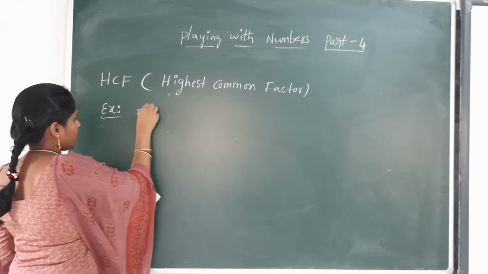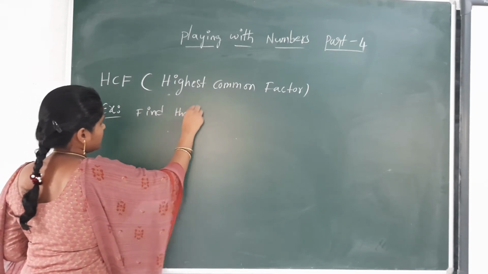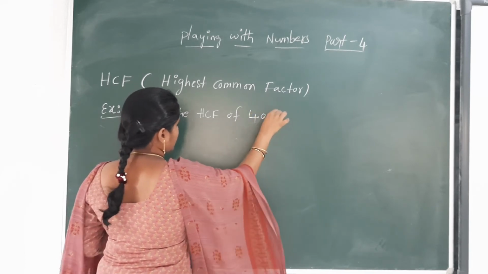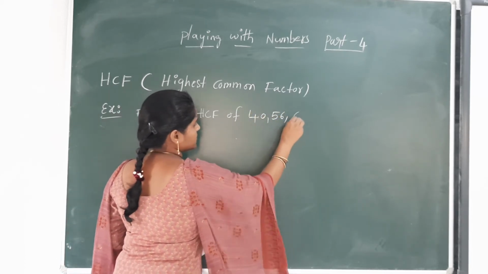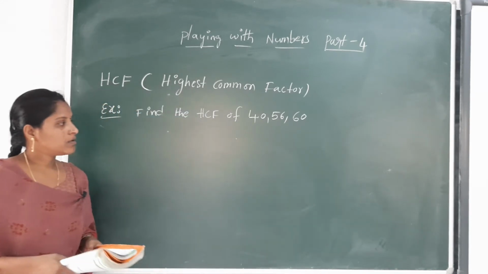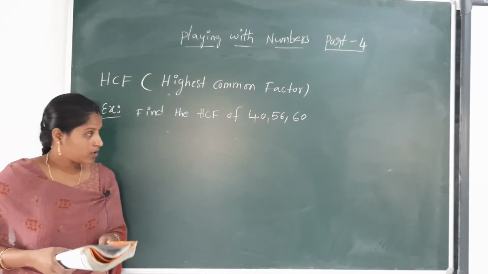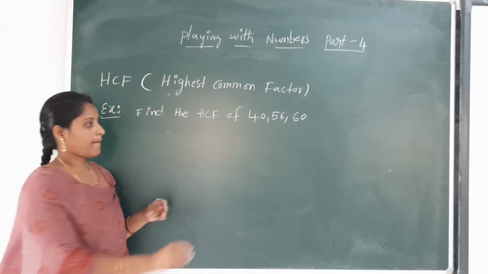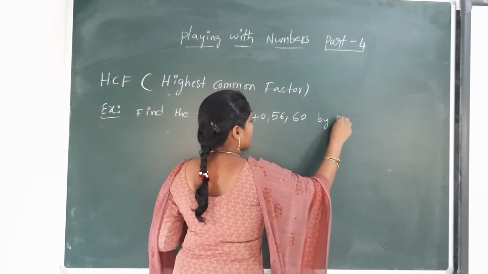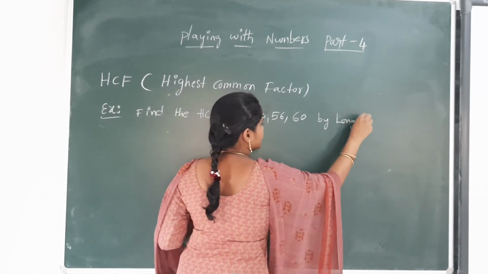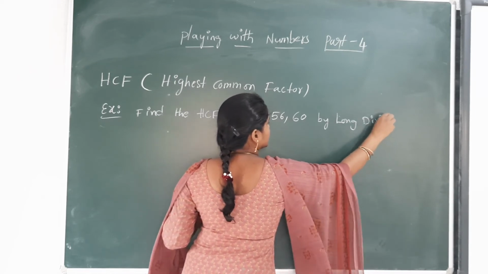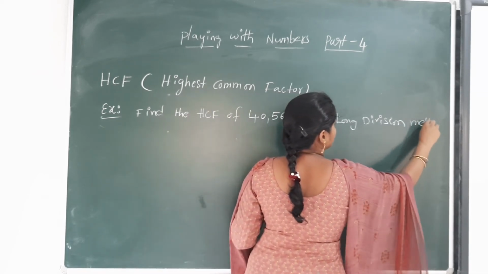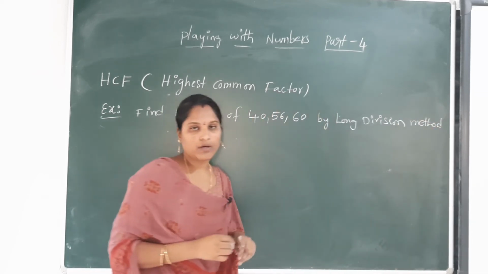Find the HCF of 40 and 56 and 60 through the division method, by the long division method.